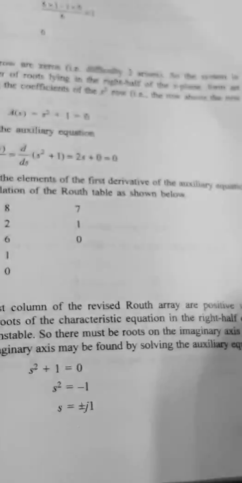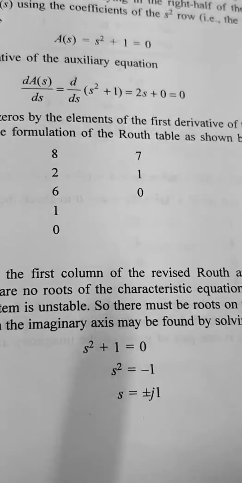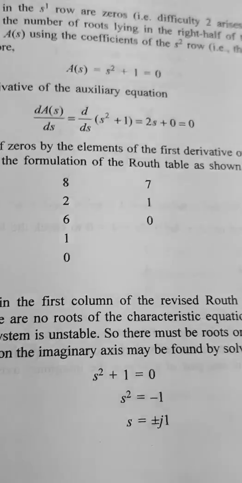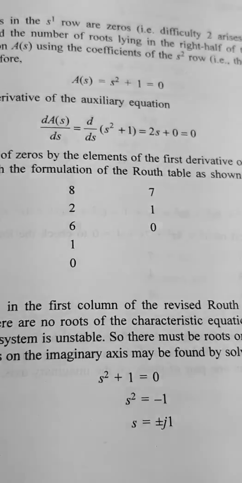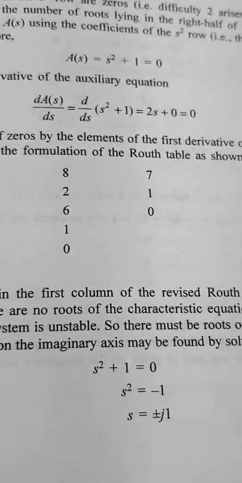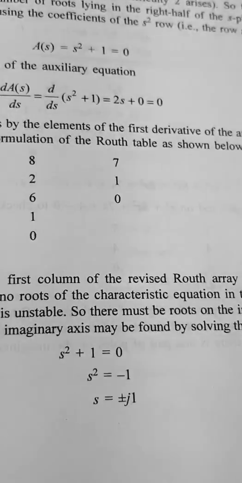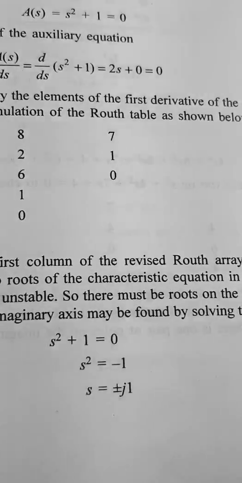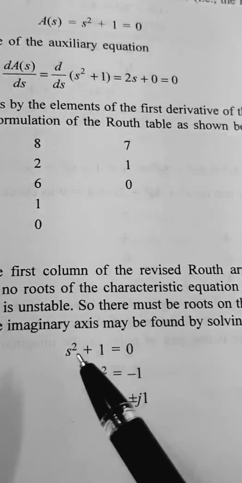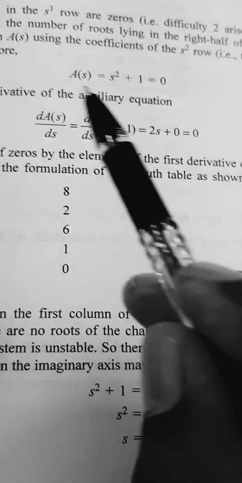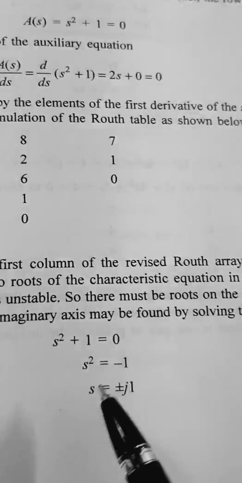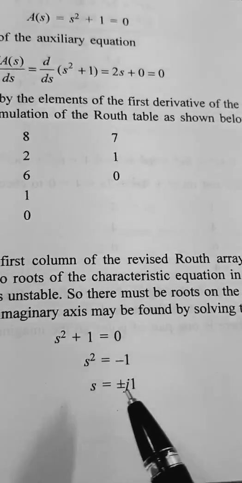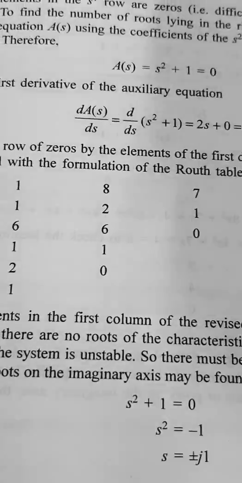In order to find the roots on the imaginary axis, you should be very careful and process the auxiliary equation. So here the auxiliary equation s square plus 1 is equal to 0, that is s square is equal to minus 1, s is equal to plus or minus j1, and if any further roots are there, they would be on the left half of the plane.